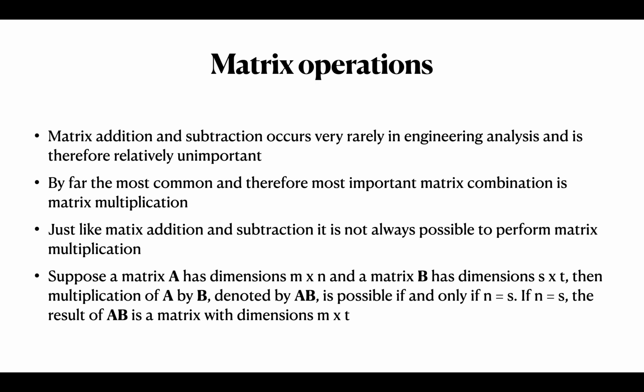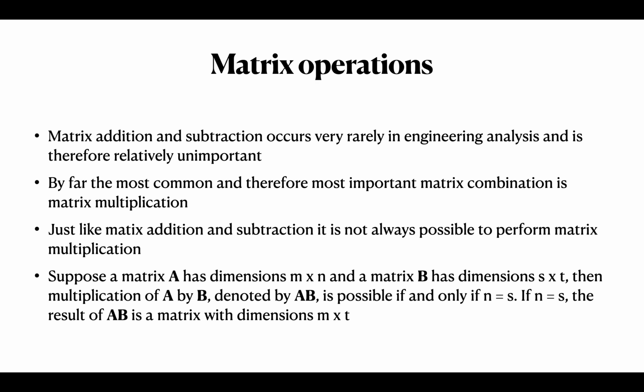Now, if you want to multiply A by B, the notation of that, folks, is you just write down the letter A, and beside it you write down the letter B. That's how you denote multiplication of matrices. You can only calculate AB if and only if the inner numbers match, the second dimension of A is the same as the first dimension of B. That's just the way it is.